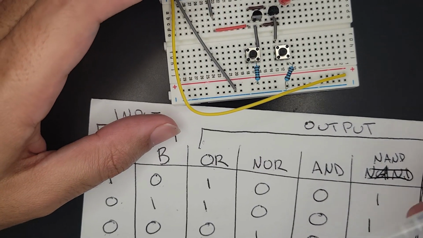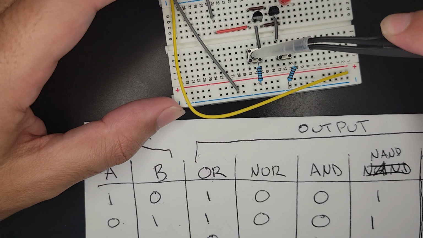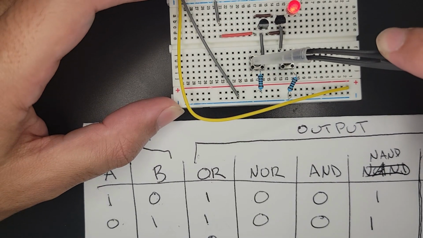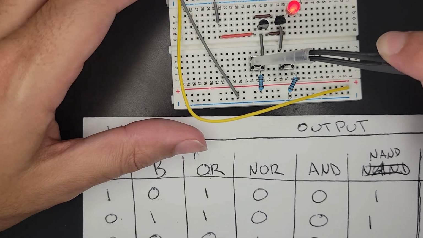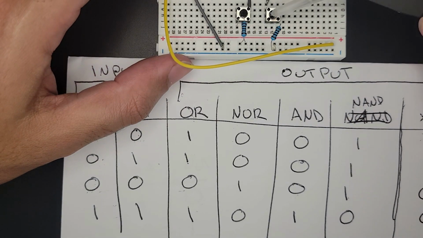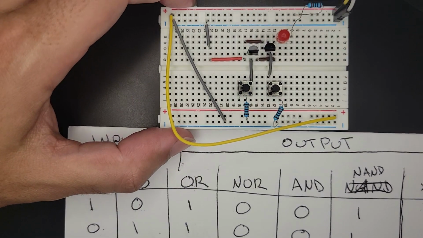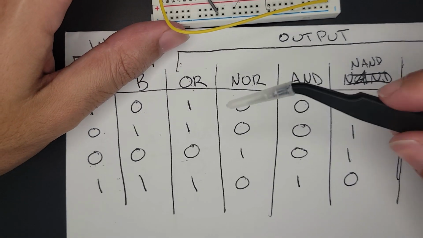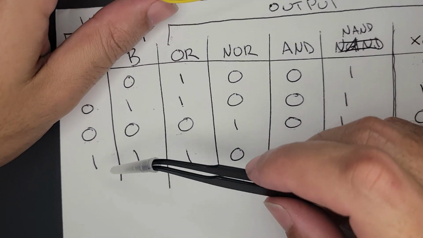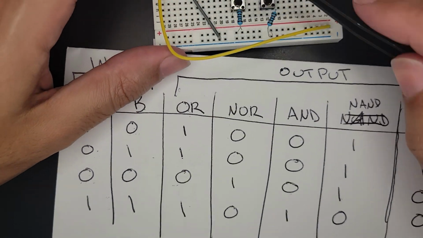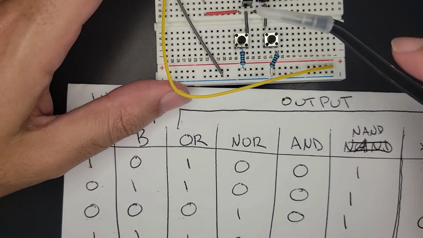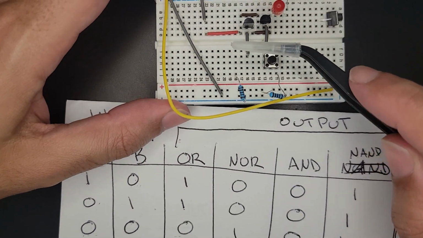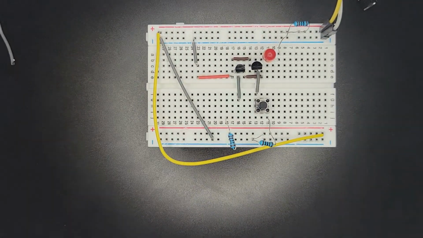B on, A off, the light is 1, or true, right? There's a high signal going through there, and that's why it's illuminated. Right now it's 0 and 0, both are off, and we have an off output, as we do here. And then 1 and 1, both of them are pressed. We get a 1 result, and oh no, we lost the other guy now.